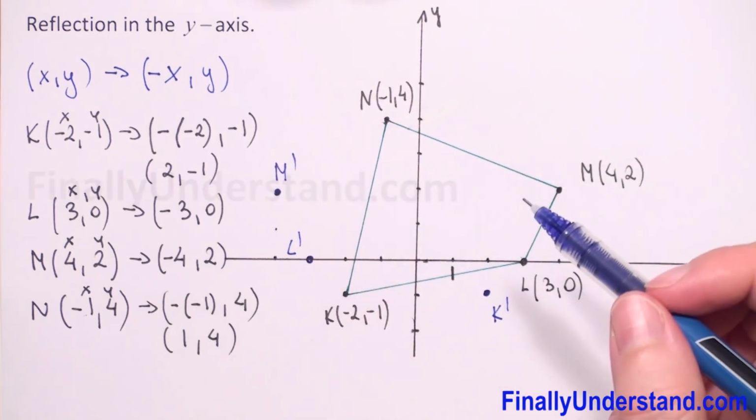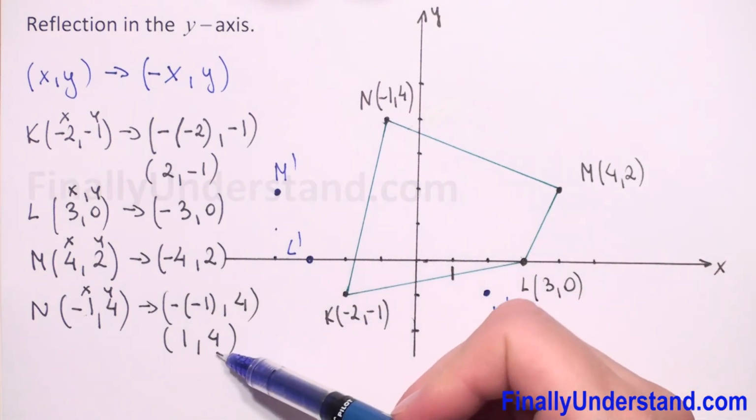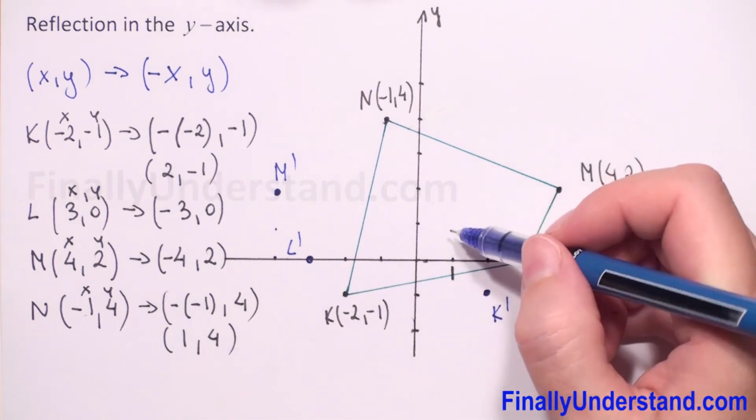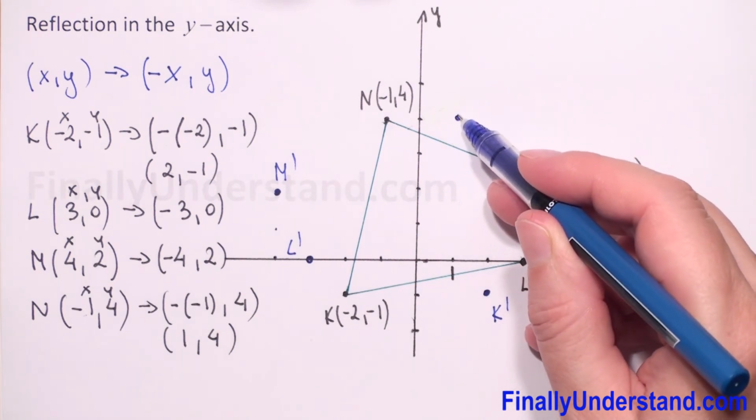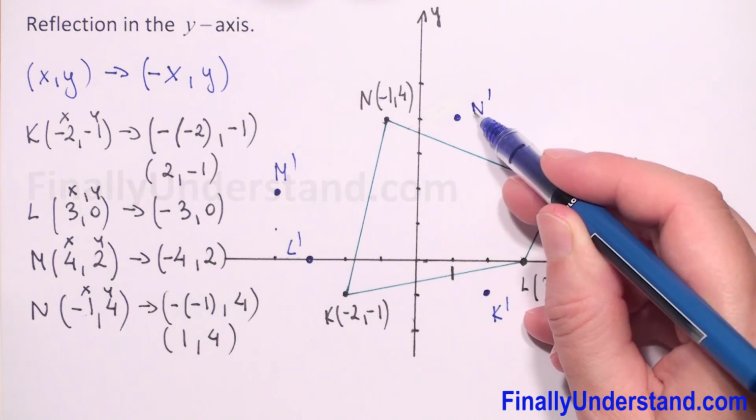And point N has coordinates (1, 4): 1, 2, 3, 4. This is our N prime.